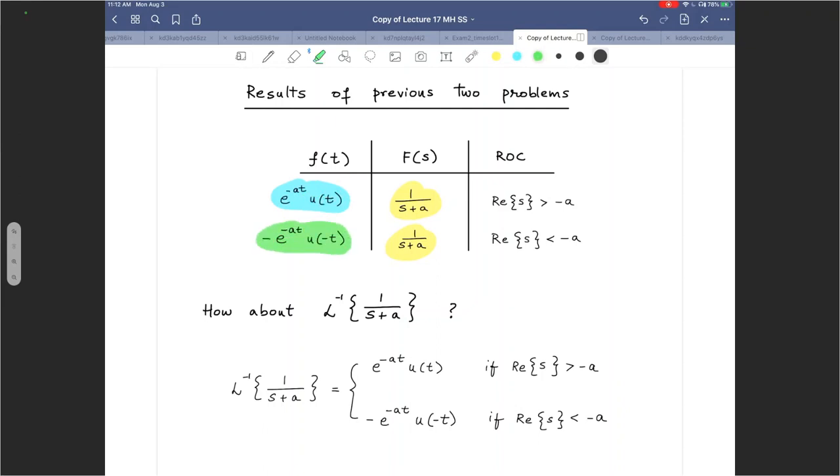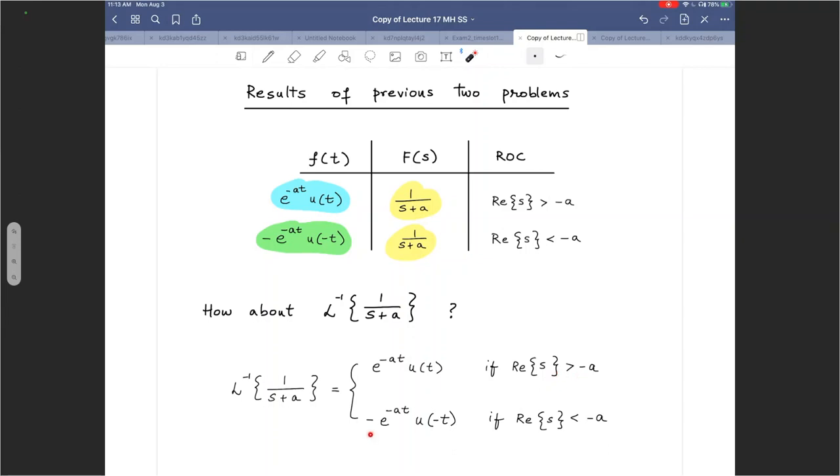Well, clearly they are different in terms of their region of convergence. So you would have to take a look at where that integral is converging. So you have to talk about the region of convergence. You would say 1 divided by s plus a, the inverse Laplace transform of that would be e to the negative at u of t, the blue one, if the real part of s is greater than negative a.